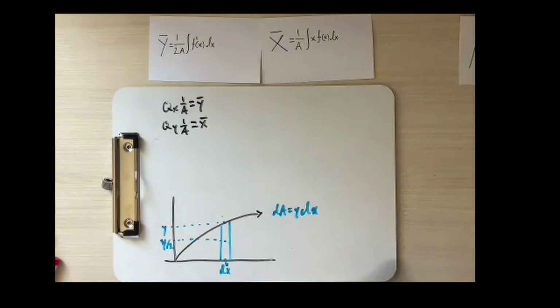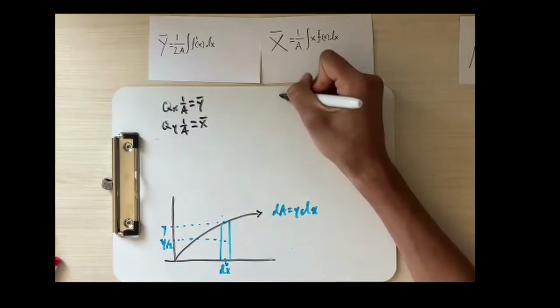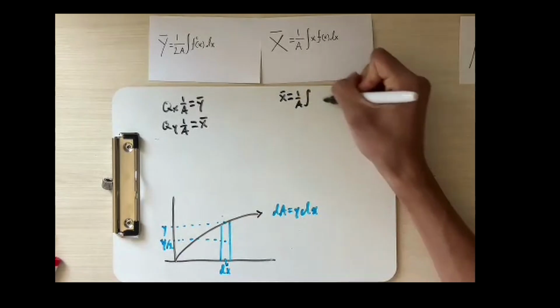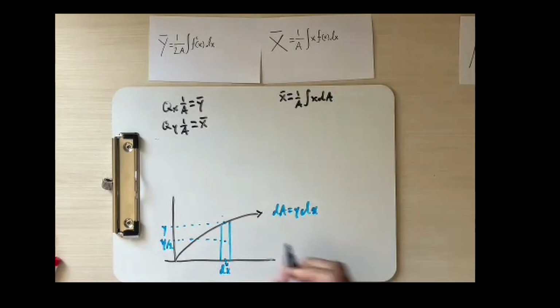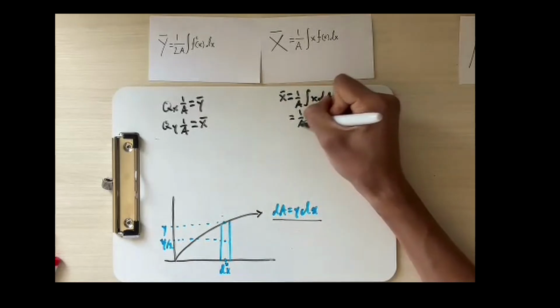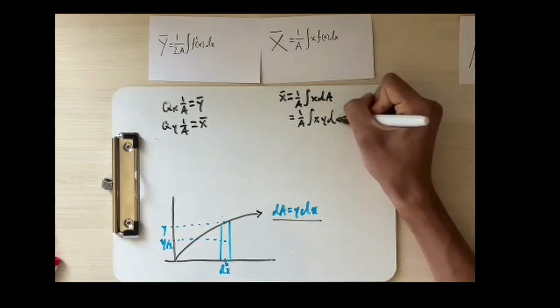So if we take those original formulas, we're saying that x bar equals 1 over A integral x dA, and we have this new definition for dA, and we can just substitute that straight in. Integral x y dx.